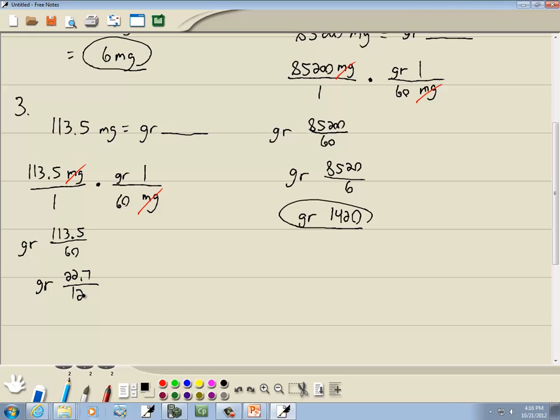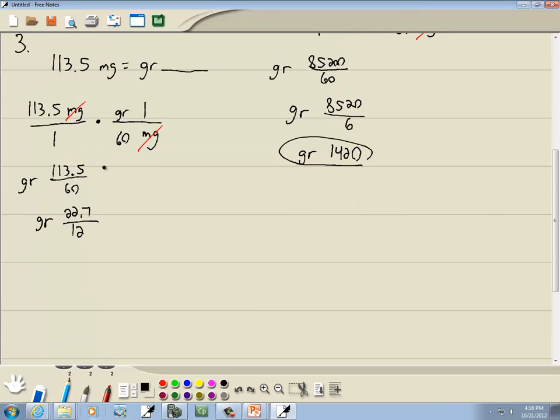Now, I'm going to show you this little trick. There won't be anything this hard in homework, but basically, if you want to leave it in fraction form like this, you can't have decimals inside of the fraction. So we can multiply the top and bottom by 10. So this would become 227 over 120. When you multiply this by 10, you get 227. Multiply this by 10, you get 120.